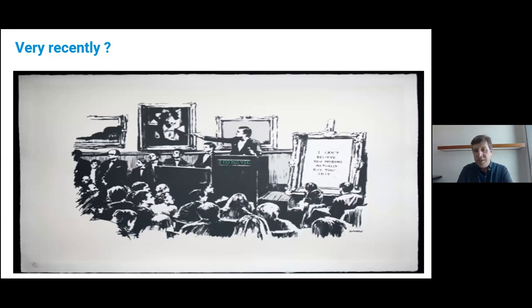This is relatively recent. I will give an example from NFTs. This is a piece by Banksy. Banksy is one of the, let's say, contemporary artists. I'm sure especially the youngers know him better, but we don't know his identity.